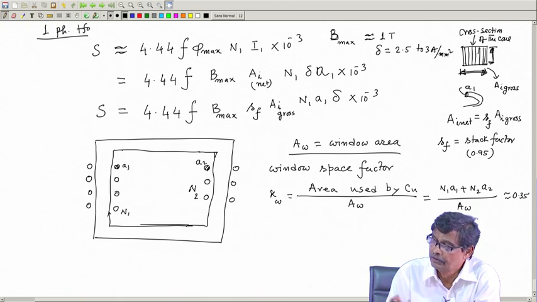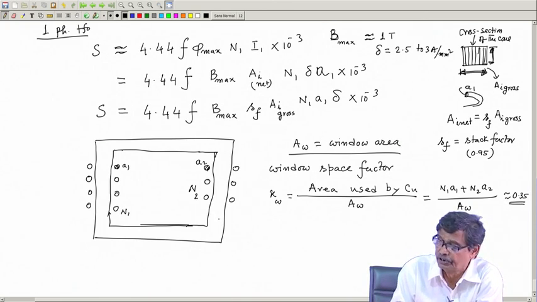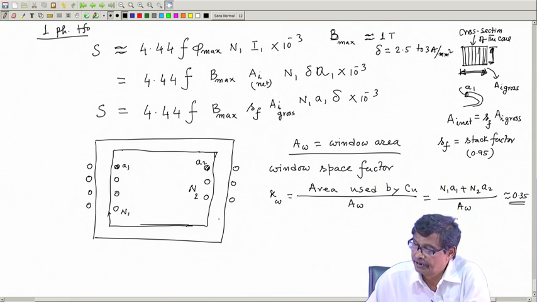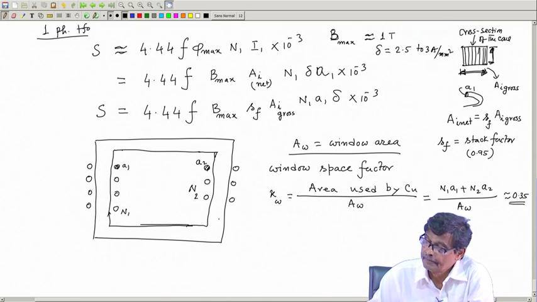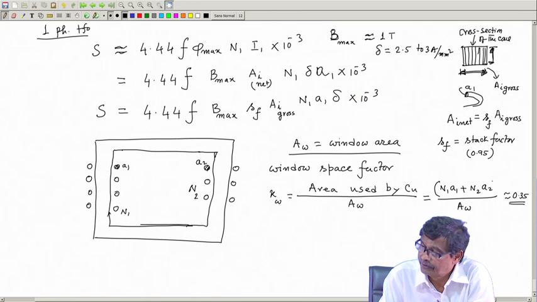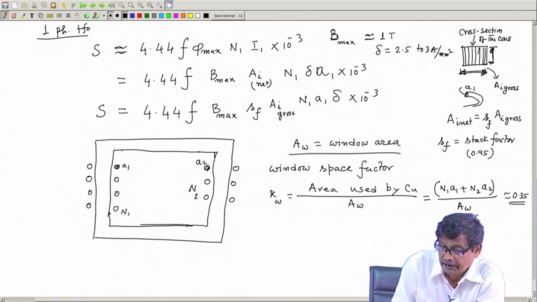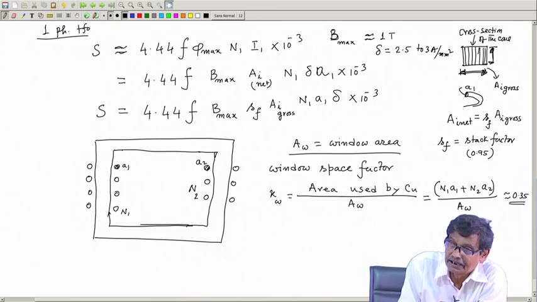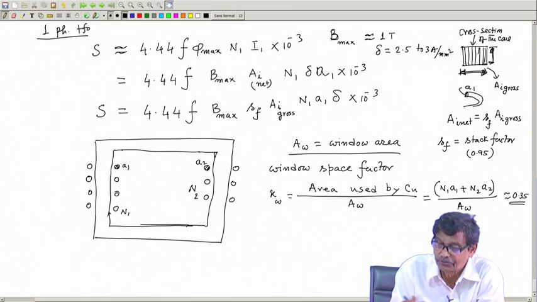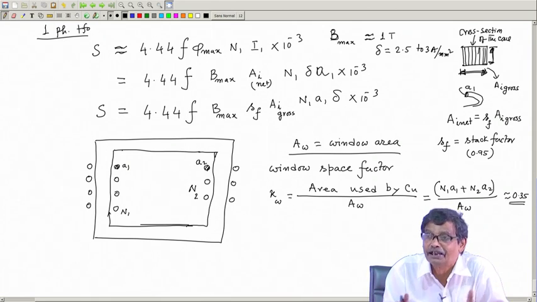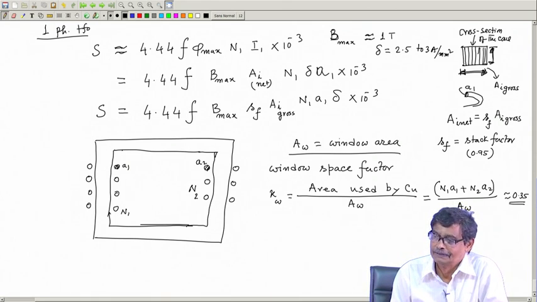So the practical value is that only 35% of this window area will be utilized. This is called the window space factor, but AW, along with AI, the physical dimension of this core, is going to decide the physical dimension of the transformer.